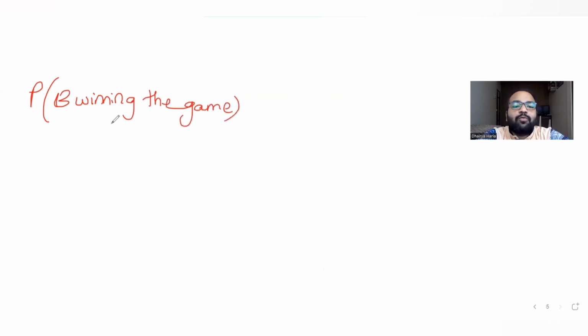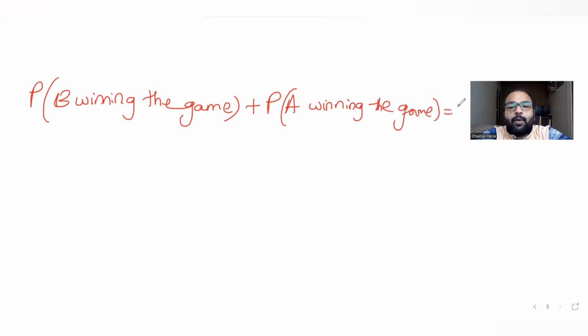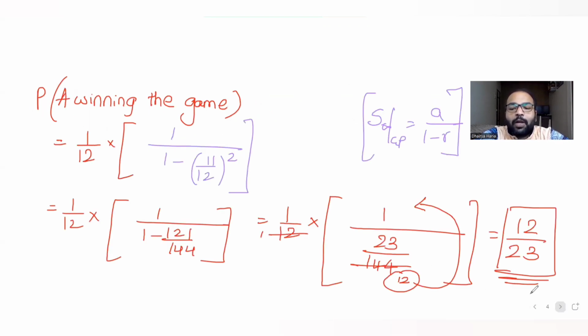And now I want to find the probability of B winning the game. Basically, either A will win the game or B will win the game, so the total probability has to be equal to 1. So the probability of B winning the game is 1 minus the probability of A winning the game, which is 12 by 23.